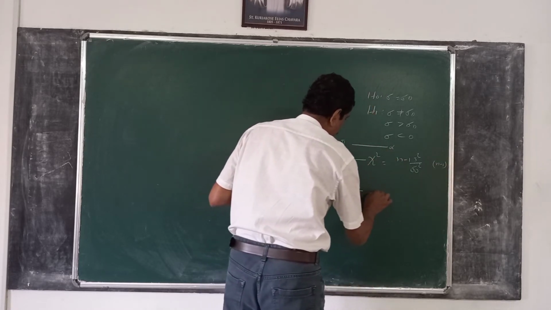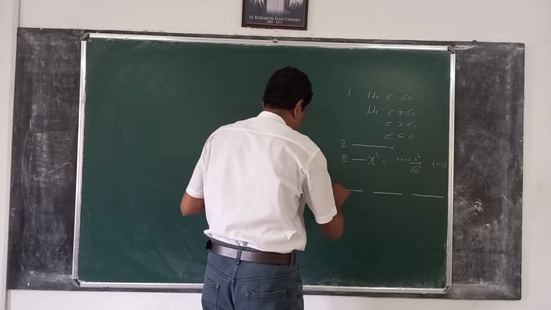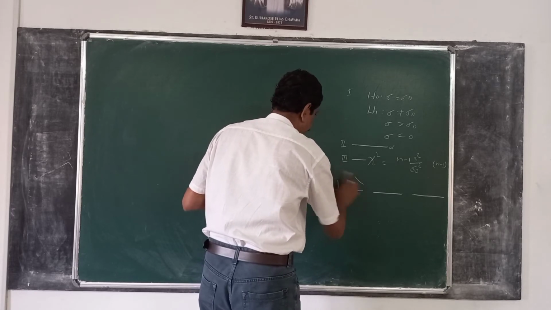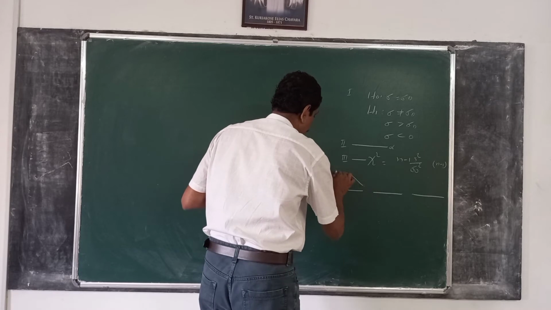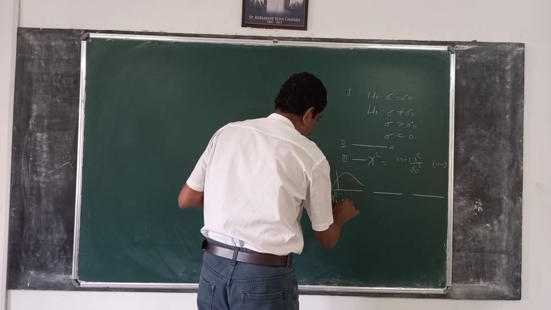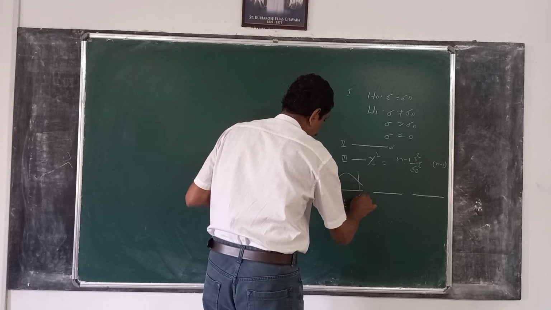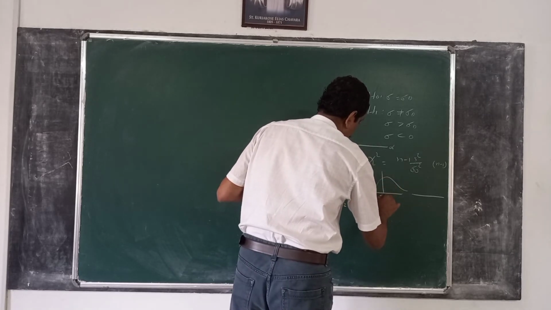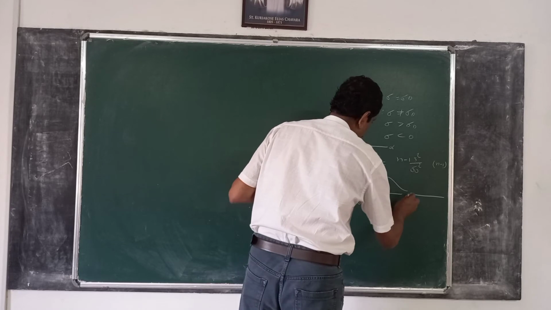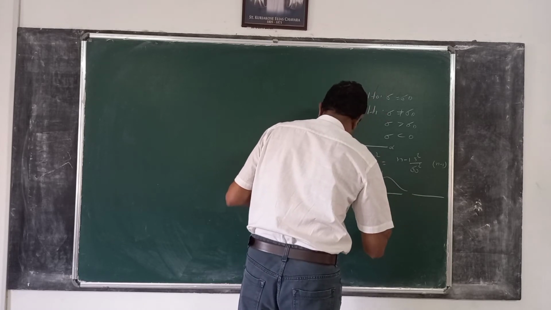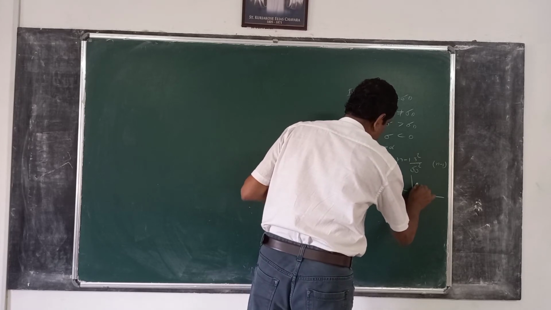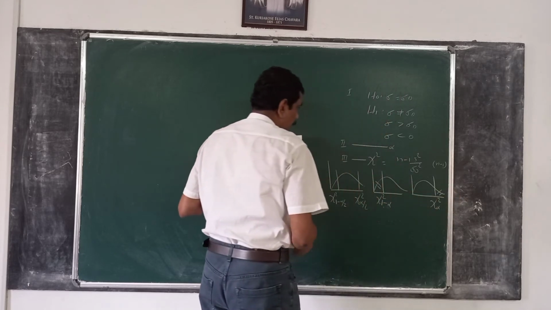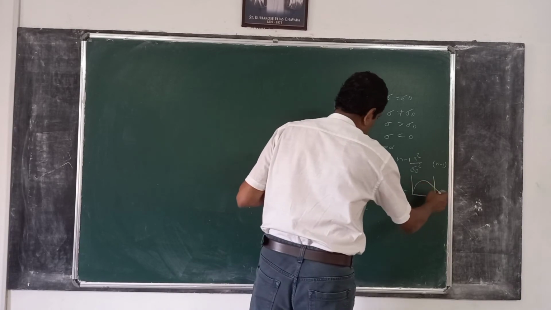Then the critical values are given as chi-square 1 minus alpha by 2, chi-square alpha by 2, chi-square 1 minus alpha and chi-square alpha, the critical values for a two-tailed test, for a left-tailed test and a right-tailed test.